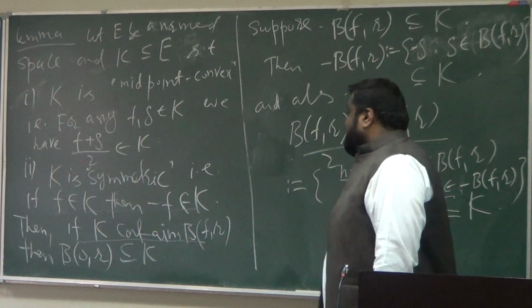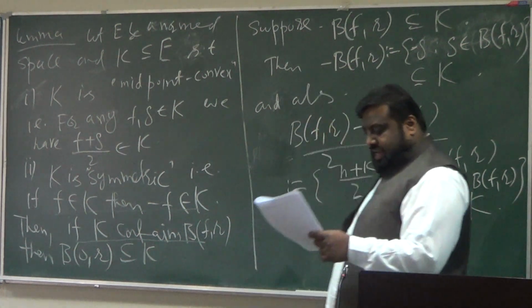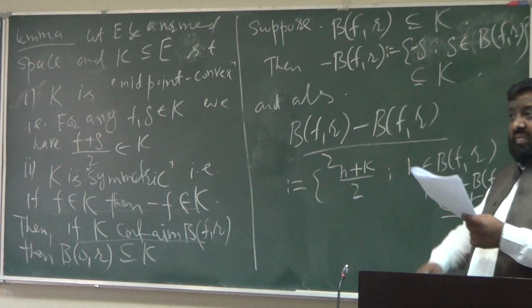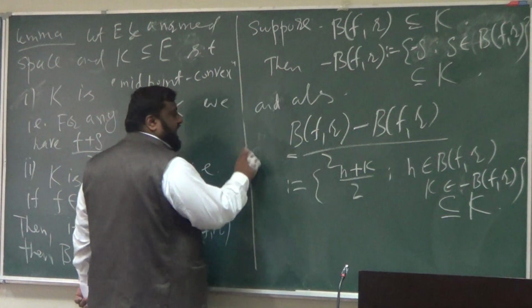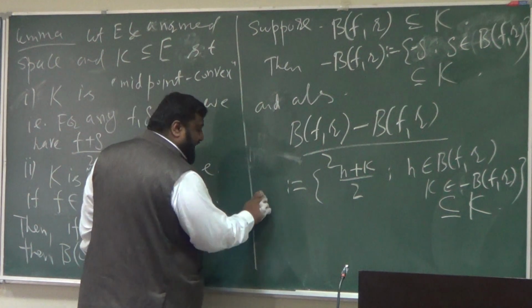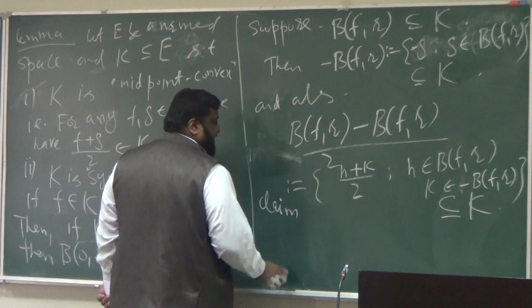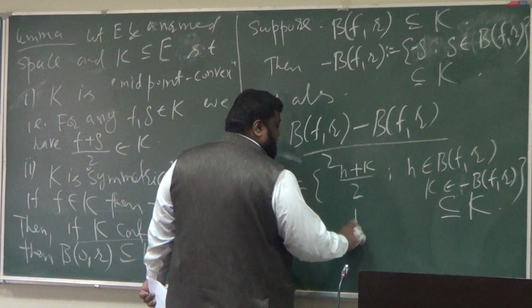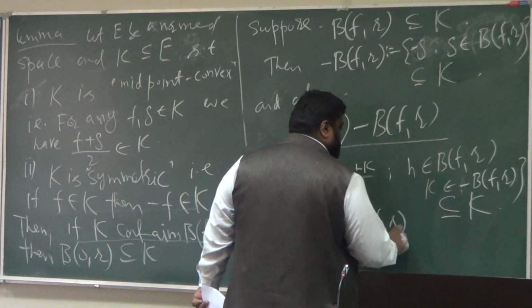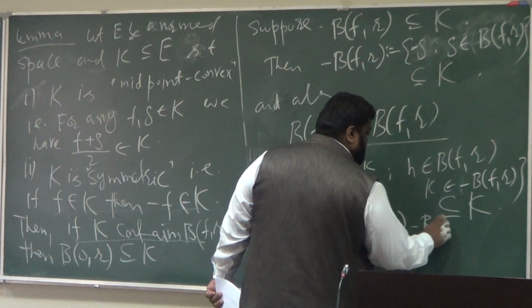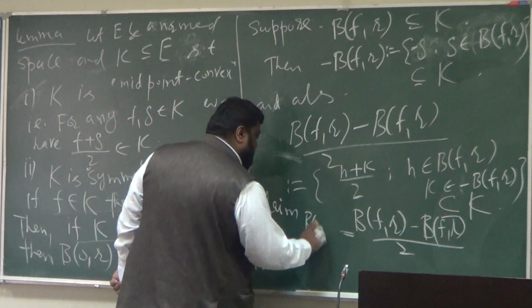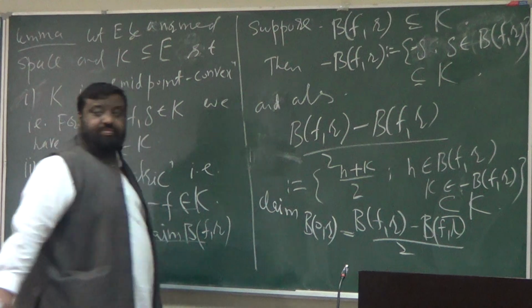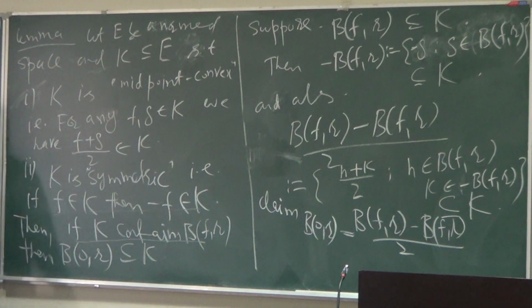Why must this be the case? So take an arbitrary element from here. I claim that this BFR minus BFR by 2 is equal to B0. Okay?